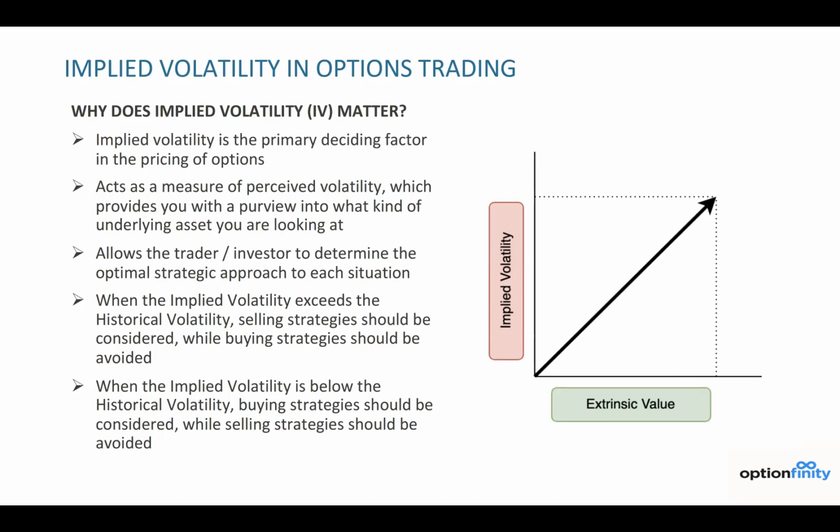This means that every increase of 1% on the implied volatility will result in a $1 increase in that option price, all else remaining equal. Conversely, if the IV were to fall by 1%, that option price would fall by $1 as well, right?